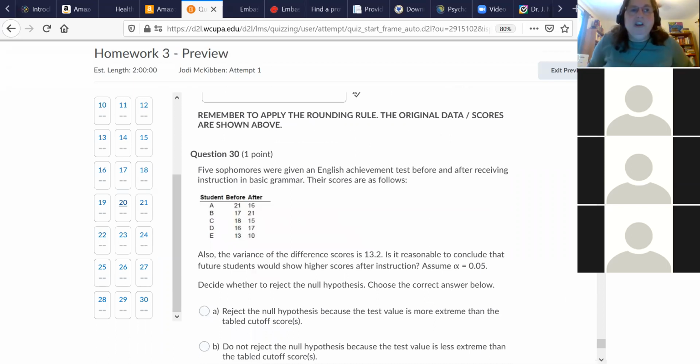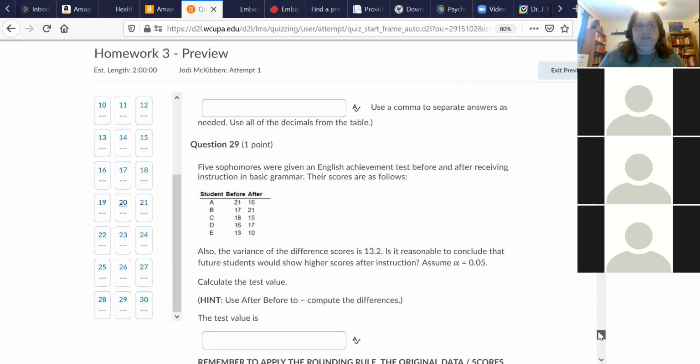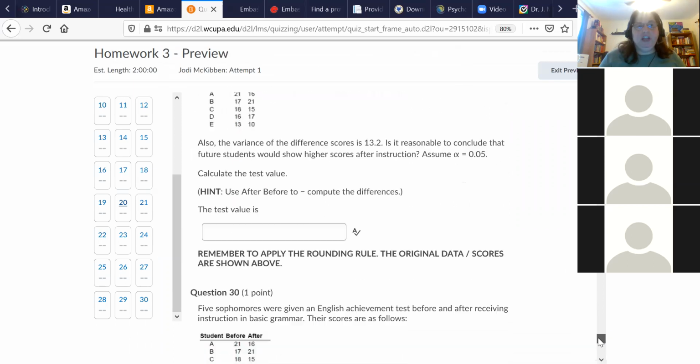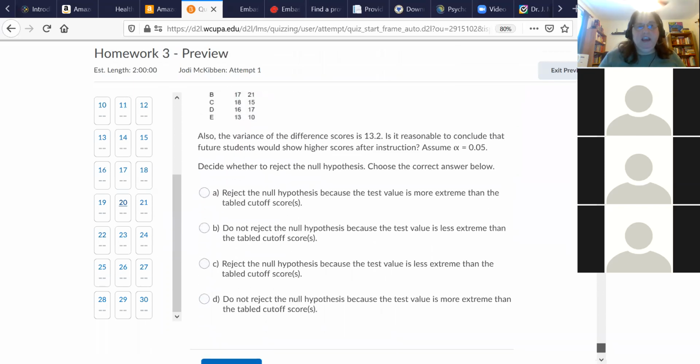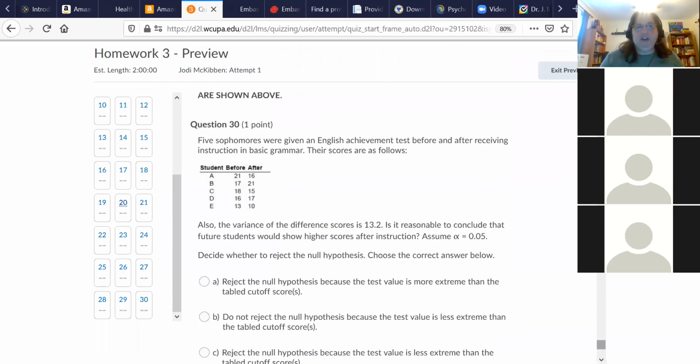Well, two things. One, I've got to beat what's in the table. I need 29 to be more extreme than 28. And I've got to have the direction right. In other words, my after scores should have been higher than my before scores. If my after scores are not higher than my before scores, no way. I'm not going to reject the null.